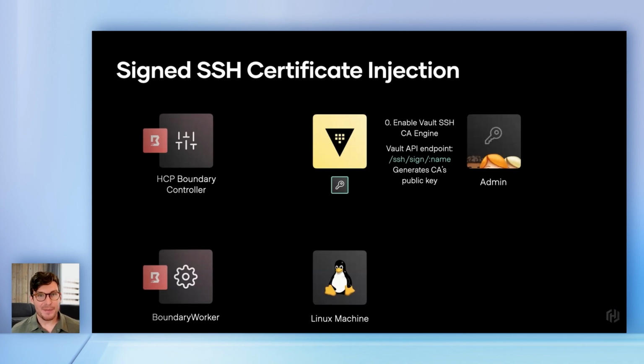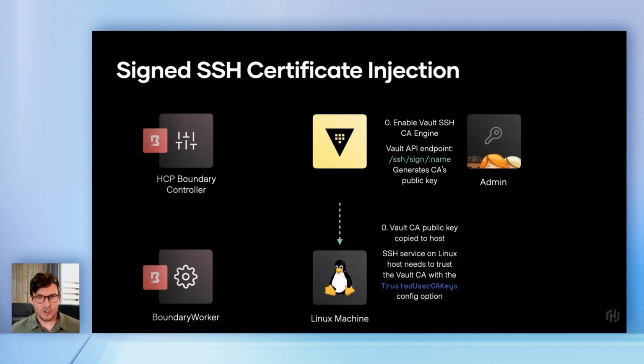This requires setting up the SSH secrets engine and either providing a CA public-private key or telling Vault to generate one. The admin then distributes the CA public key to all of the target hosts, where the SSH service needs to be told to trust the CA with the TrustedUserCAKeys config option.